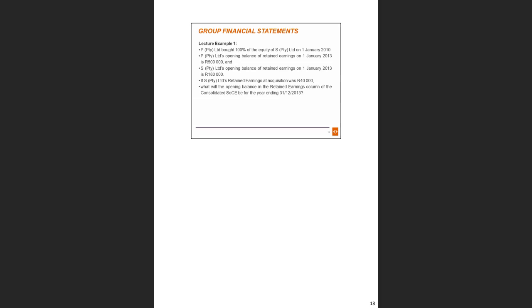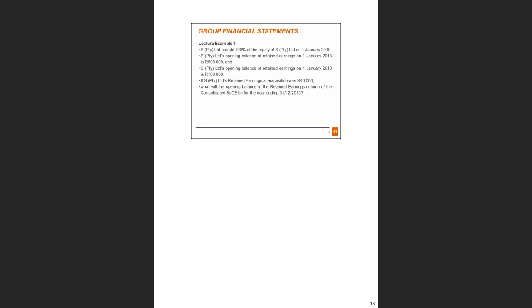Then we are told that in S's separate books, its retained earnings on the 1st of January is 180,000 Rand. So on the 1st of January 2013, we have an opening balance on retained earnings of 180,000 Rand.